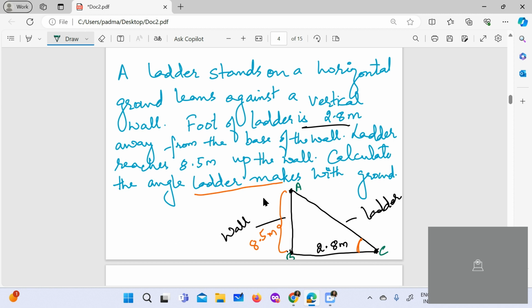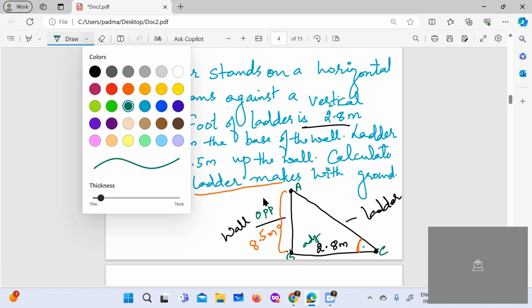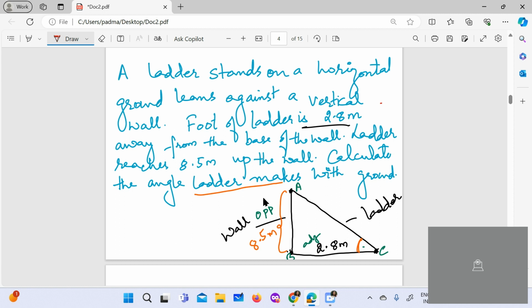With respect to this angle, if you look at the given things, we have opposite and adjacent. So think which ratio calls for this. That is tan. Tan is equal to opposite upon adjacent.